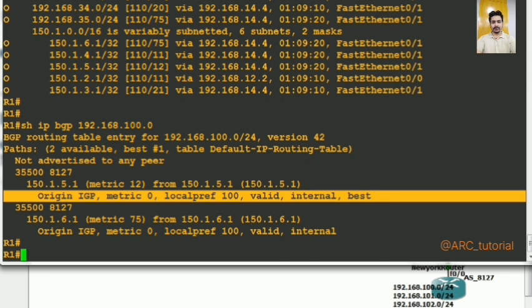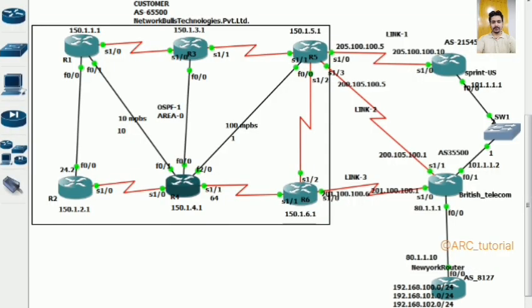Now to solve this or to prove it, what can we do? We can configure its cost on F2/0 as 65 in place of 1. On R4 I will modify its cost of OSPF, right? So that the overall cost from R1 to reach the loopback of R5 will get changed. Now it will become higher than via R6.